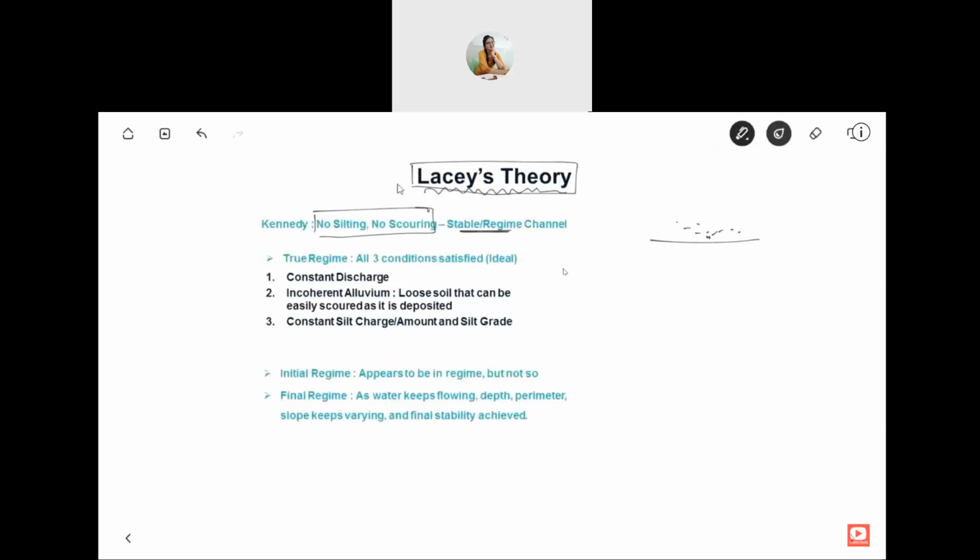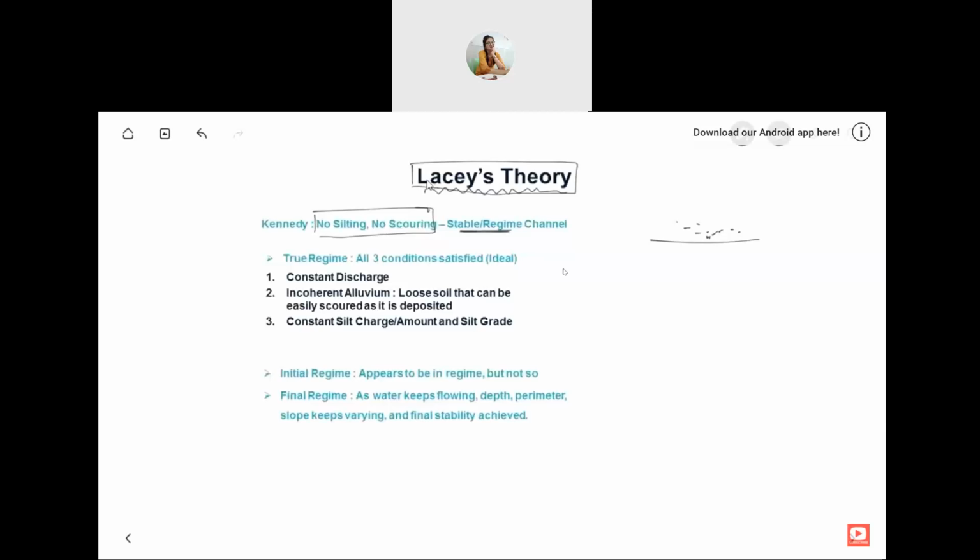But Lacey differed in his theory. What he said was that a true regime, that is a true stable channel, can be achieved only if these 3 conditions are achieved. One is there should be a constant discharge, and another is the bed and the banks of the river should contain incoherent alluvium, which means loose soil that can be easily scoured.